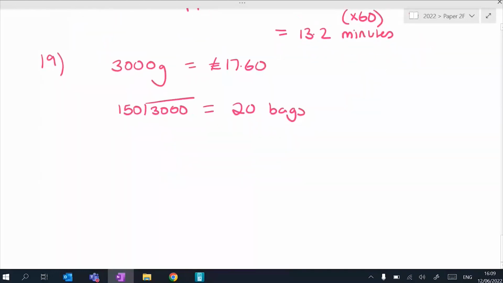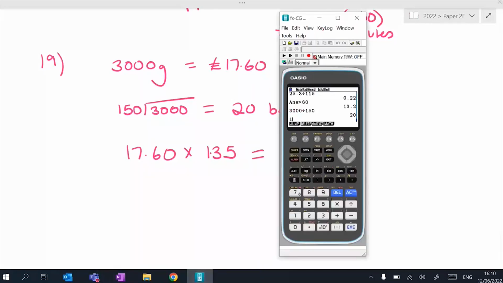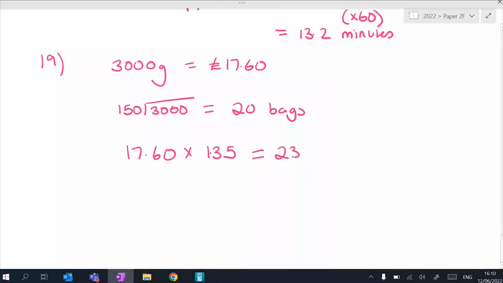If she wants 35% profit, to get 35% profit, starting off with 100%, increasing it by 35, so we want 135%, which as a decimal is 1.35. So let's work out how much money she should be getting back. £23.76.